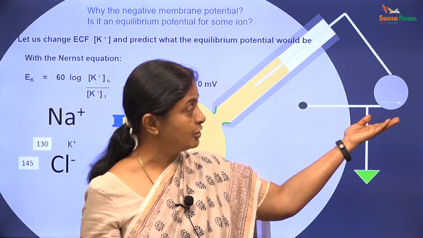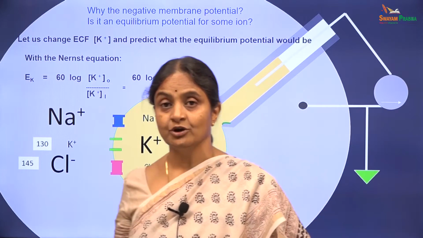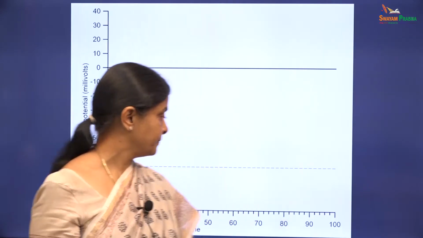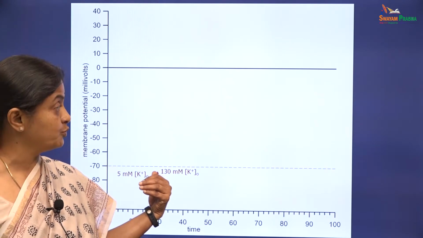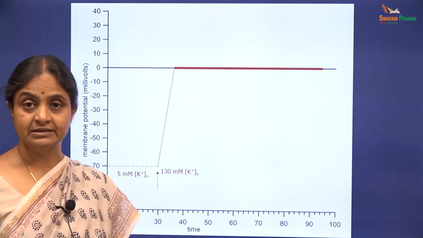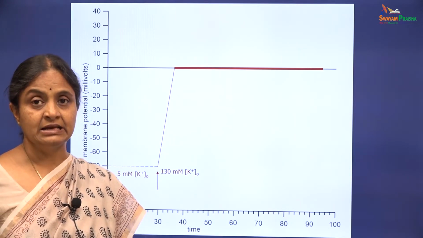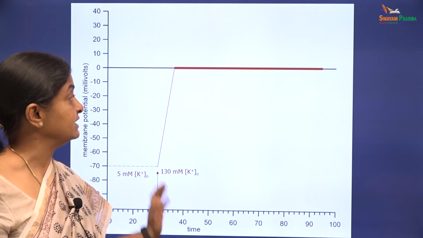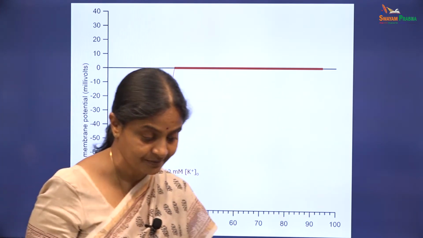We will not record a potential difference if we had equal potassium on either side of the cell membrane. So, while you're recording, if you increase external potassium to 130, you would notice that within a frame of milliseconds, the cell membrane would completely depolarize. There's no potential difference across the cell membrane.